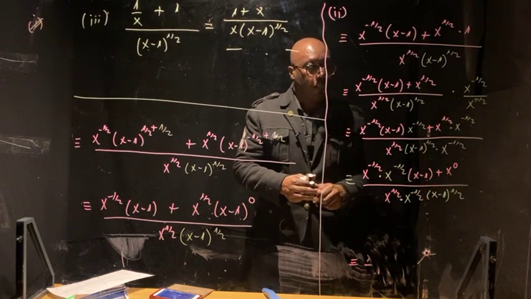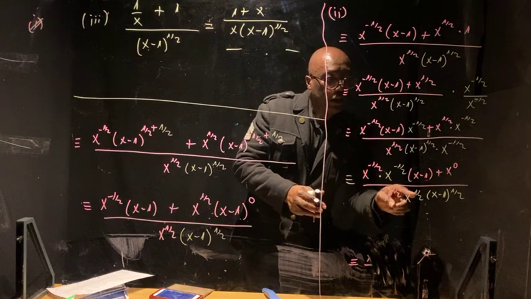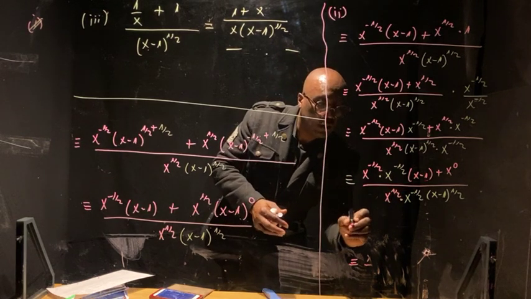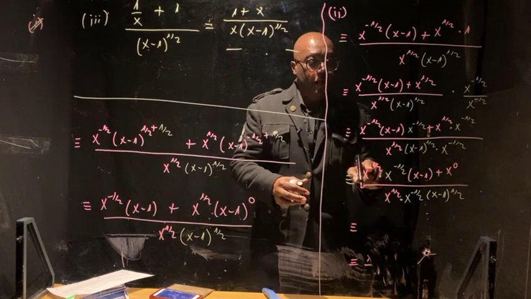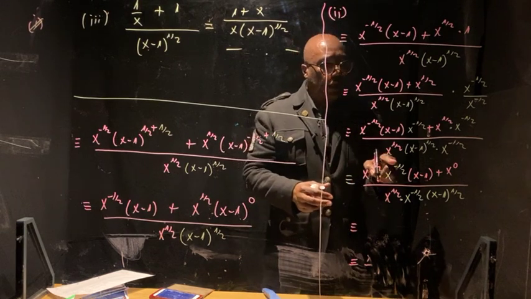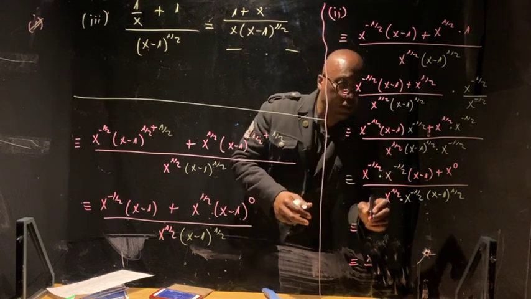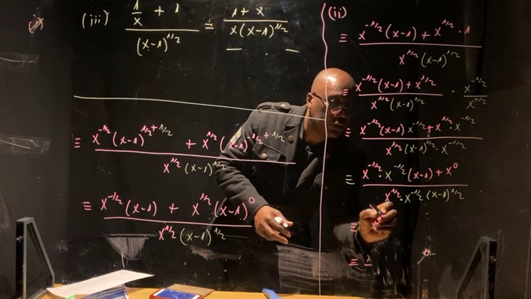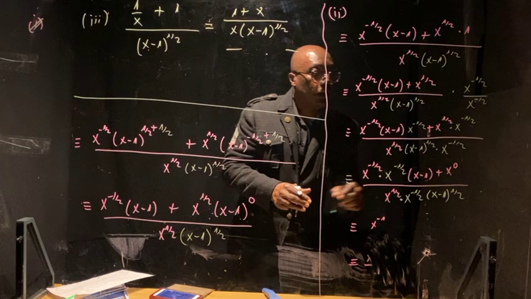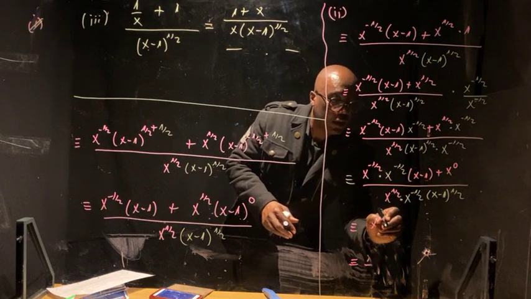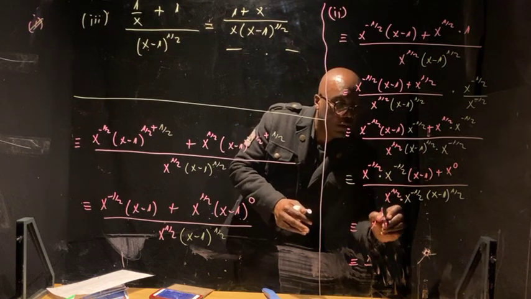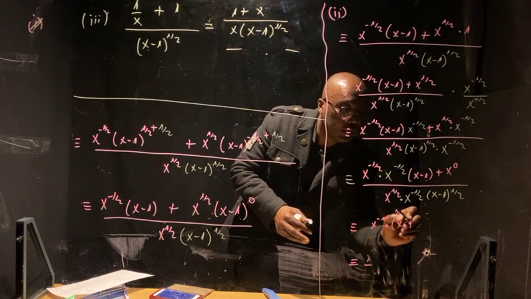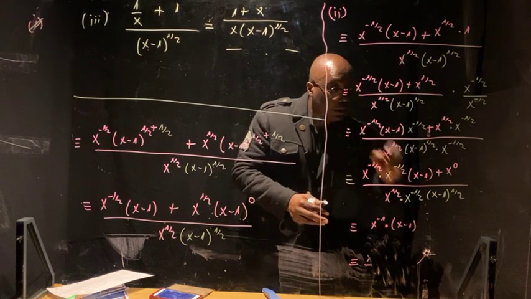Good. This one and this one, okay, let's do it this way. It becomes x raised to the power negative half multiplied to x raised to the power negative half. We have x raised to the power negative 1. Then we have here multiplies to x minus 1. Good.